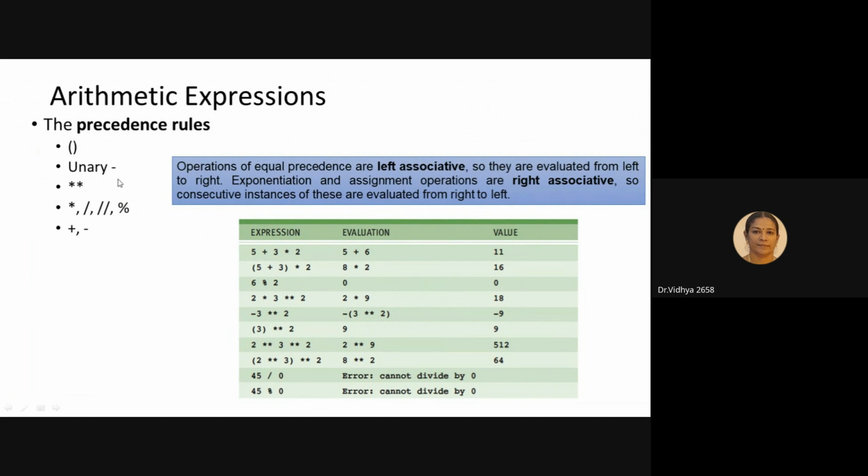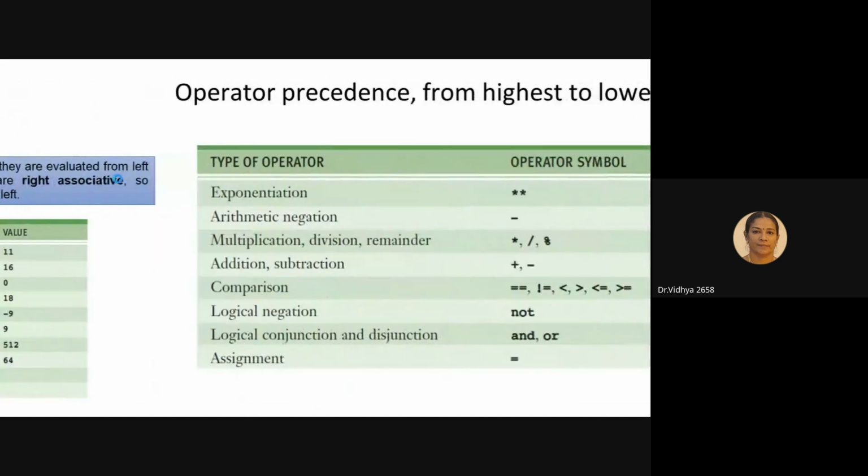Operations of equal precedence are left associative, so they are evaluated from left to right. Exponentiation and assignment operations are right associative, so consecutive instances of these are evaluated from right to left. Whatever the operator given here, it is evaluated from right to left only. So this is what arithmetic expressions are.